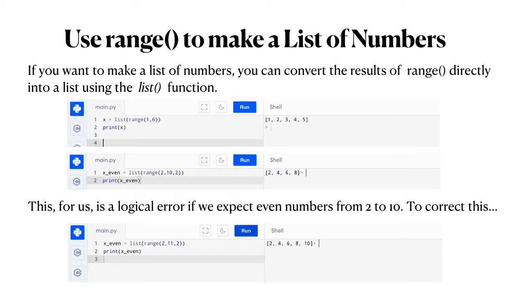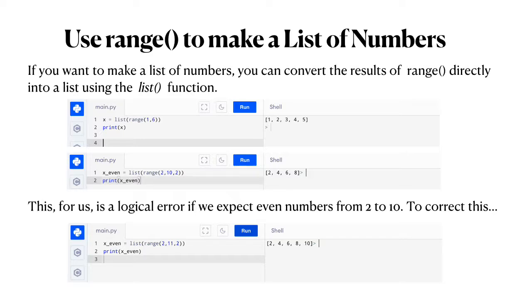If what we want is for the last element in our list to be number 10, we should end at 11. So, for 10 to be included in the elements inside the list x underscore even. To correct that, line number 1, x underscore even is equal to list function, range function from 2 to 11 with a step size of 2.